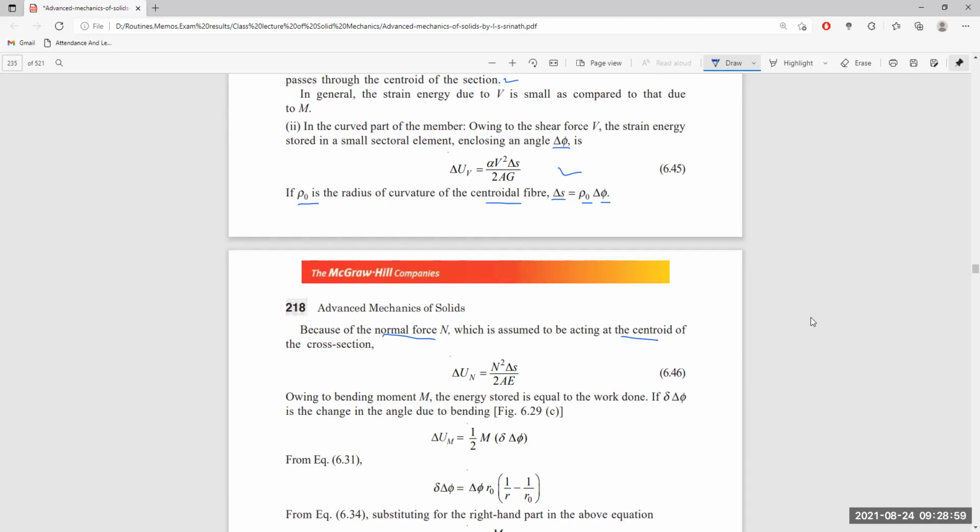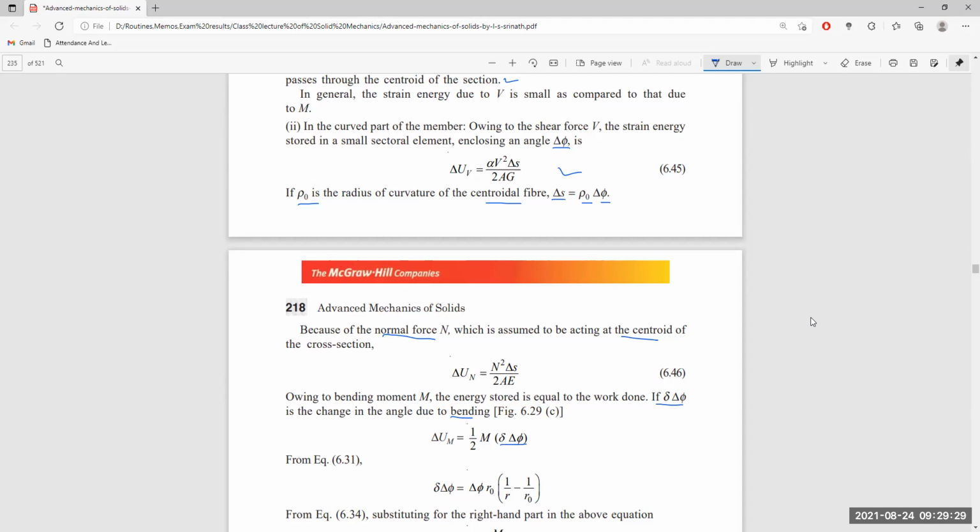If delta phi is the change in angle due to the effect of bending itself, then the energy due to the bending moment induced by the change in angle delta phi will be given as half M into delta phi itself.